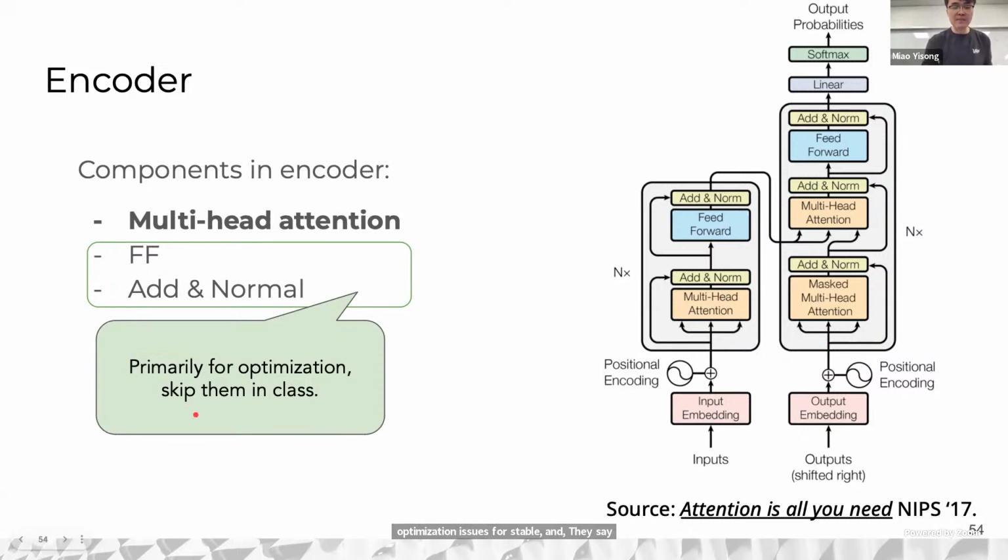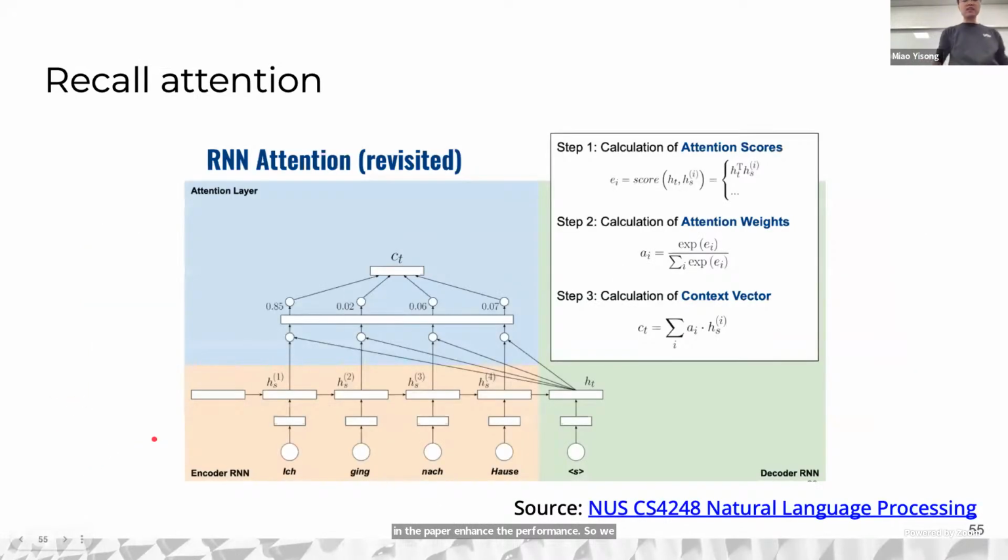So we'll skip them in class and discuss primarily the multi-head attention. As Nicholas pointed out, the link between the transformer and RNN models from a historical view is that they borrow a lot from the idea of attention, right? So how do people in the area of RNN models use the attention mechanism? Let's take this example in hand and walk through it step by step.